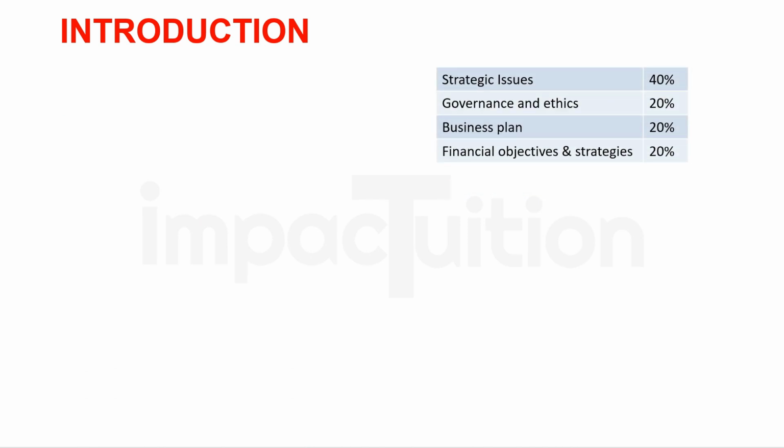Strategic issues 40%, governance and ethics 20%, business plan 20%, financial objectives and strategies 20%, making a total of 100%. This is the weighting grade.